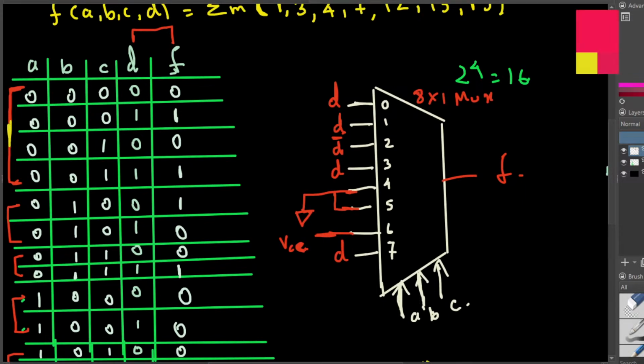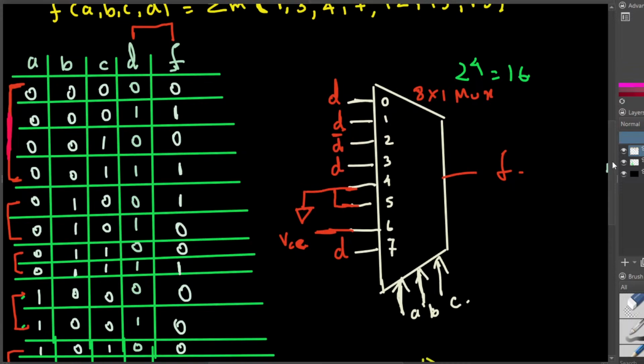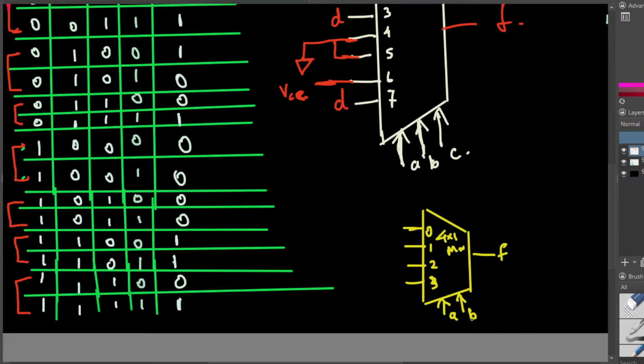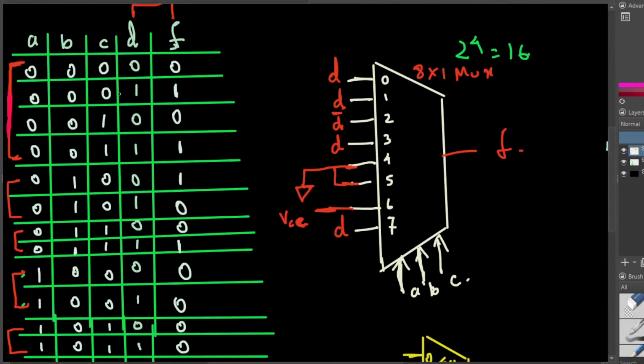Here if I take A, B, I can combine all those 4 zeros at the same time and look at all of them at once. But if you take a D or a C here, then you have to search for the similar values to compare them. That's the difficult part. So that's why it's better to choose the first two, whatever the variables are. Like if you have X, Y, Z, better choose X, Y. So you have to think about that. Here we are taking 4 at a time.